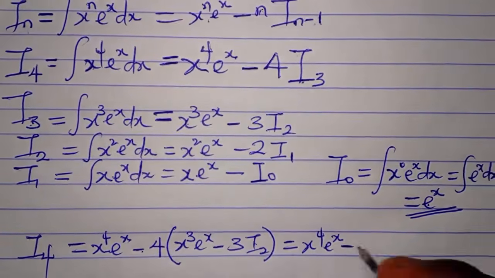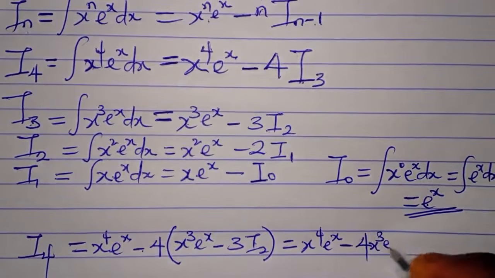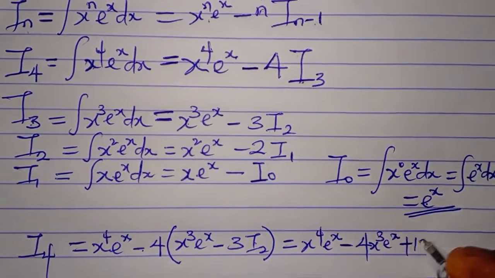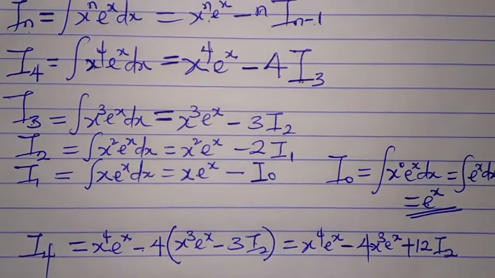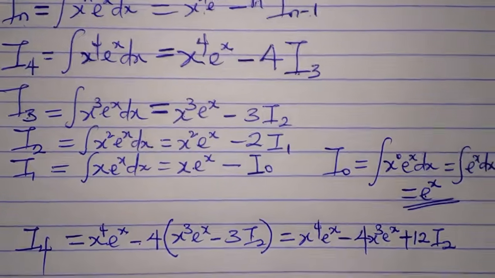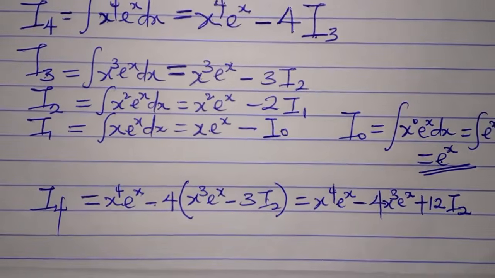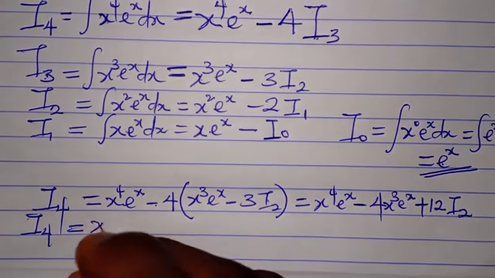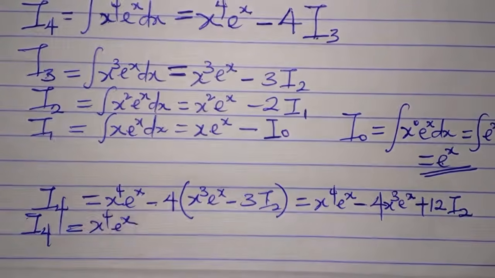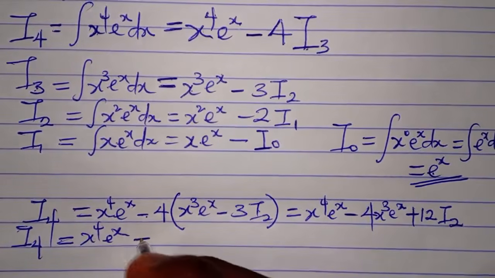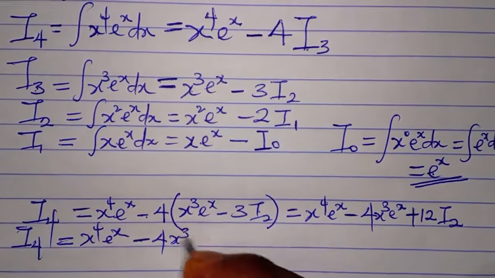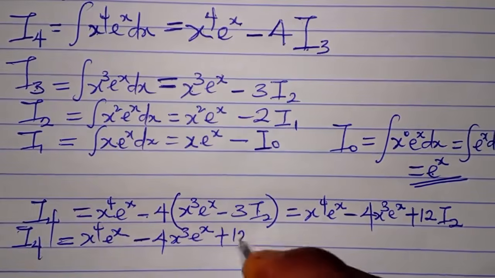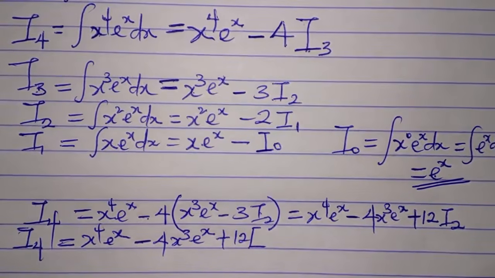We have minus 4 x cubed e to the x plus 12 I2, right? That's it. So the question now is, what is I2? So I4 will be x to the fourth e to the power of x minus 4 x cubed e to the x plus 12 in bracket. Now what's I2?